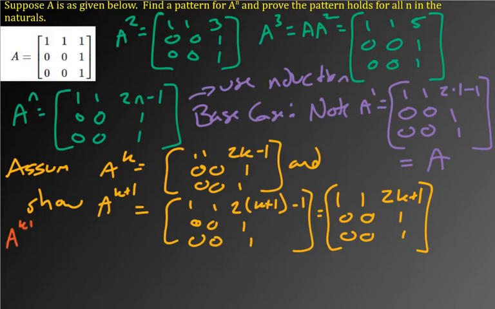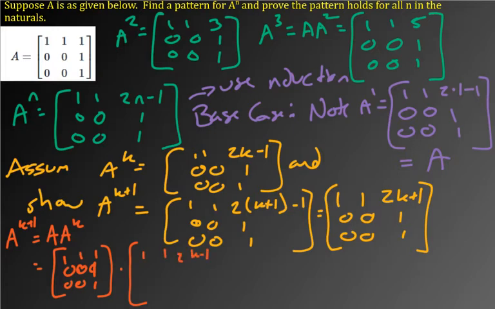So we have A to the k plus 1 equals A times A to the k, which if I use my inductive hypothesis, that's my A, and then I'm multiplying it by 1, 1, 2 to the k minus 1, and then 0, 0, 1, 0, 0, 1. If you do this out, you're going to get 1, because you're just doing 1 times 1, and then zeros times these guys here. So that's just 1, and then 1 times 1, and then again zeros, so that's a 1.